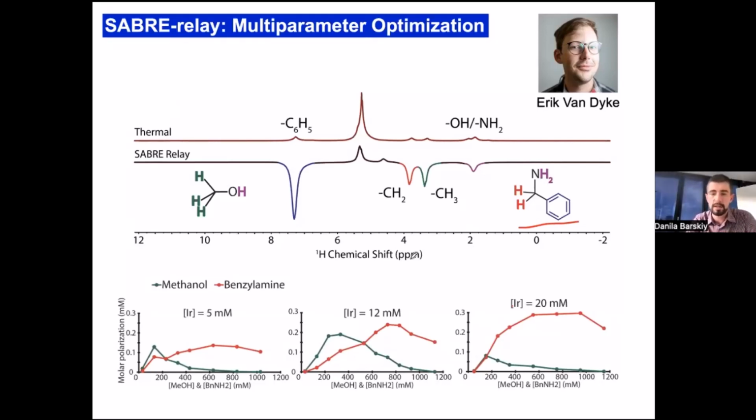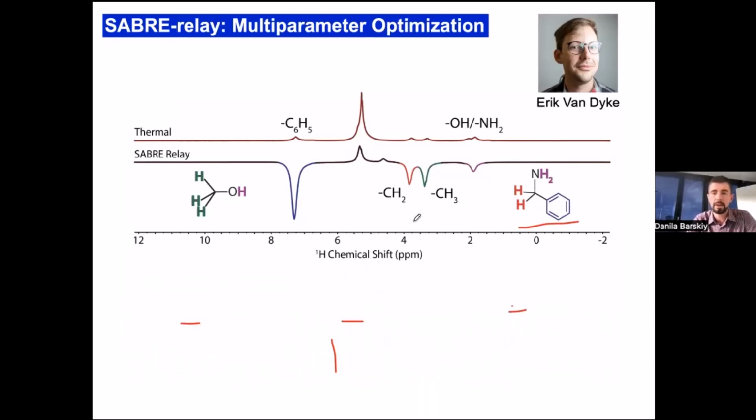And you can see that indeed, as a function of catalyst concentration, as a function of substrate ratio, we have very non-trivial dynamics where I wouldn't say that we understand everything to the final level of detail. However, we know that we can find conditions, sometimes experimentally, where we can polarize certain chemical groups quite efficiently.